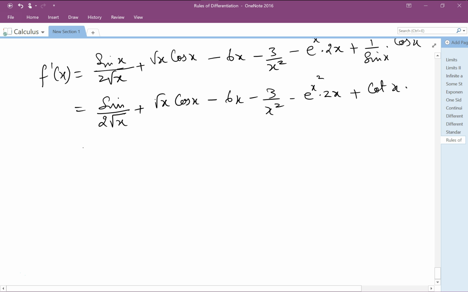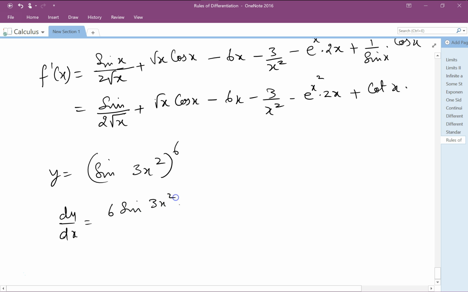Okay, let's look at a few more. Y is equal to sin to the power of 6 of 3x square. So here this power of 6 can be taken like this. So take that first. So dy by dx is equal to 6 sin 3x square to the power 5.